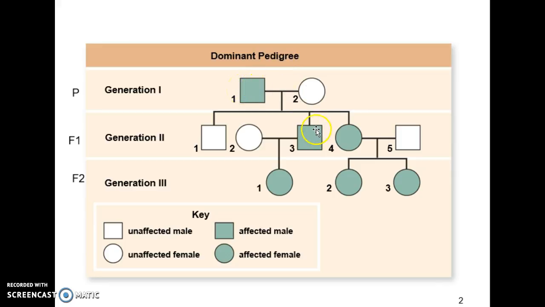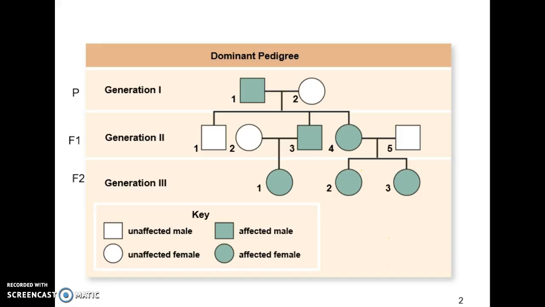His son and one of his daughters, or his daughter and one of his sons, inherited the dominant allele. The other son, over here, number 1 in this generation, did not inherit the allele. So that individual is recessive. Now this man married a woman who was recessive, but when they produced a daughter, the daughter was dominant. This woman's dominant, her husband is recessive, but both of their daughters are dominant.